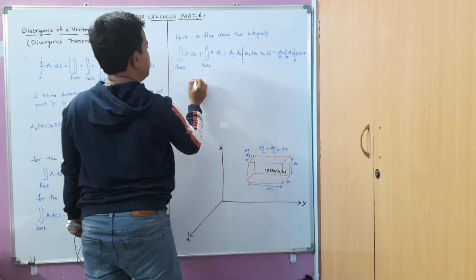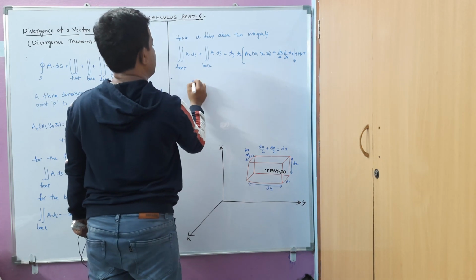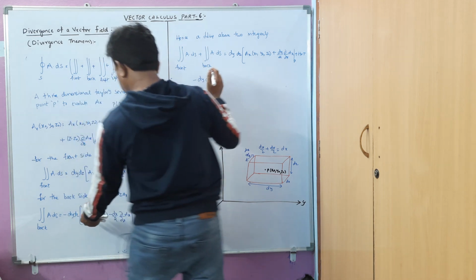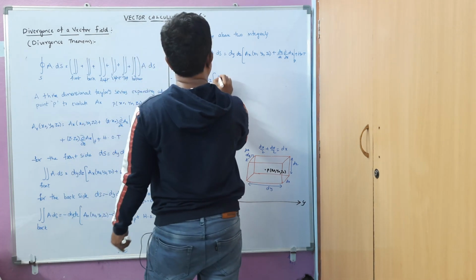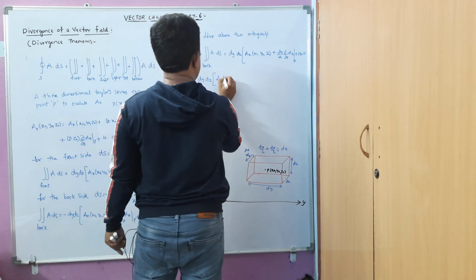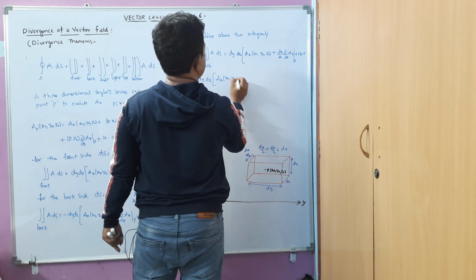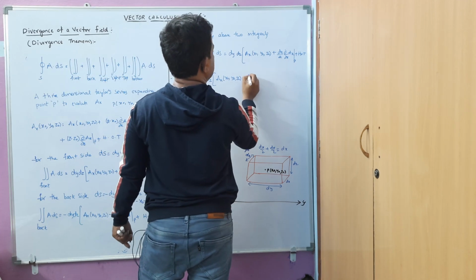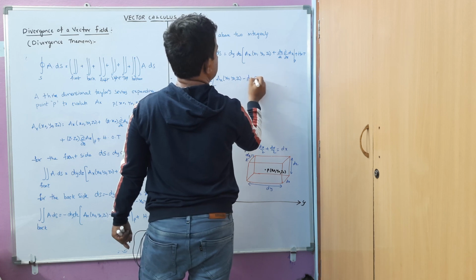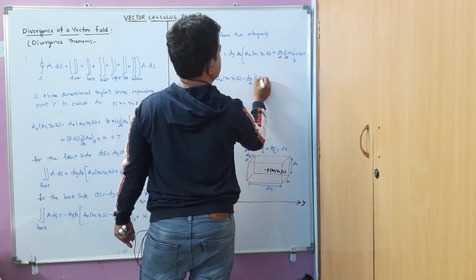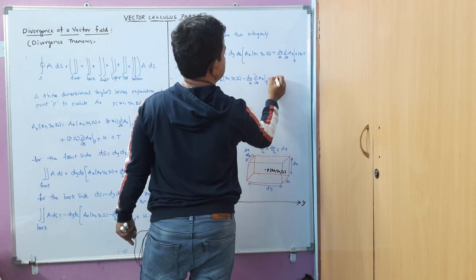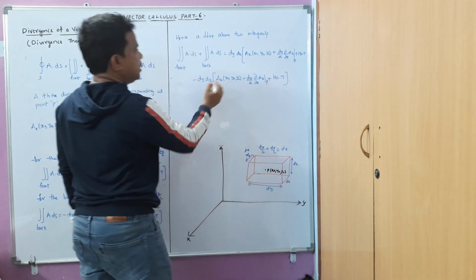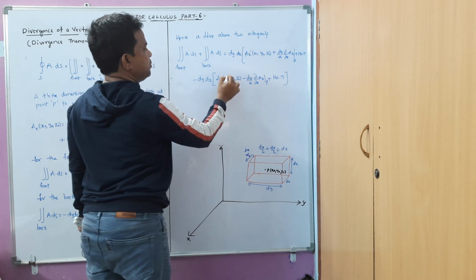Next we are having minus dy dz times Ax of x naught, y naught, z naught, plus we get minus here, that is dx by 2 dou by dou x of Ax at point P plus higher order terms. So now this will be cancelling, that is the plus and minus.